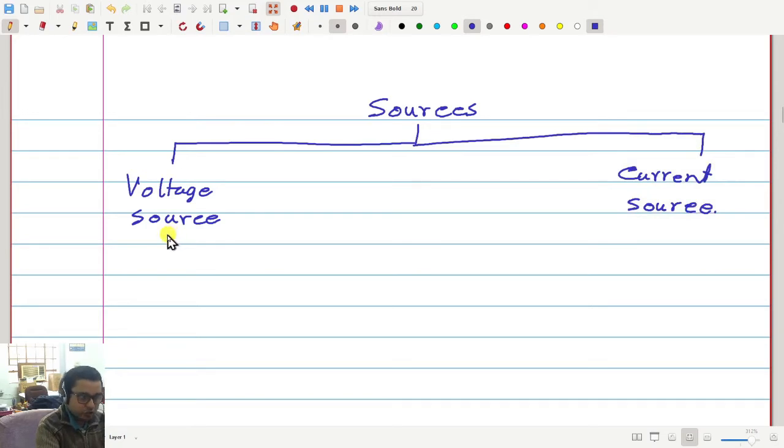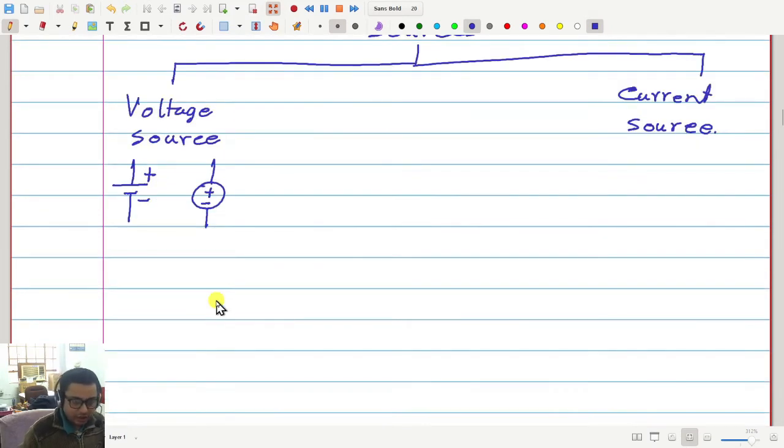Achha, voltage source, all of you are already familiar with. You have studied in school. So the symbol of a voltage source looks like this. And we often call this a battery also.